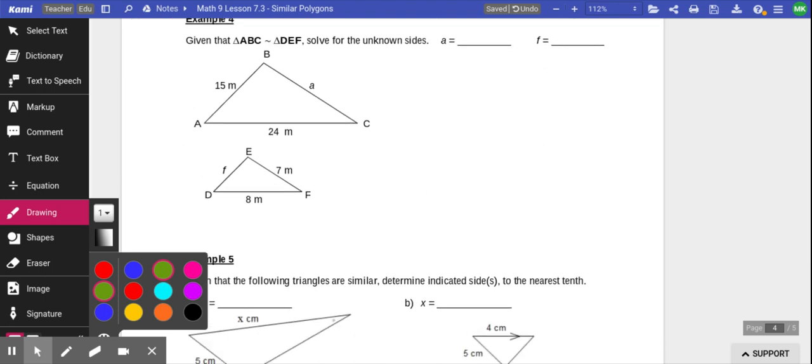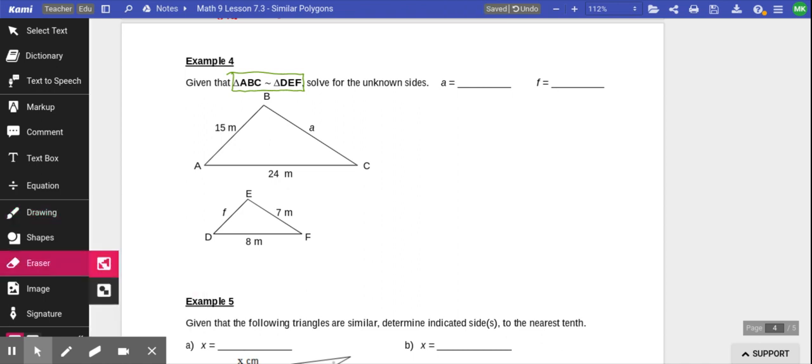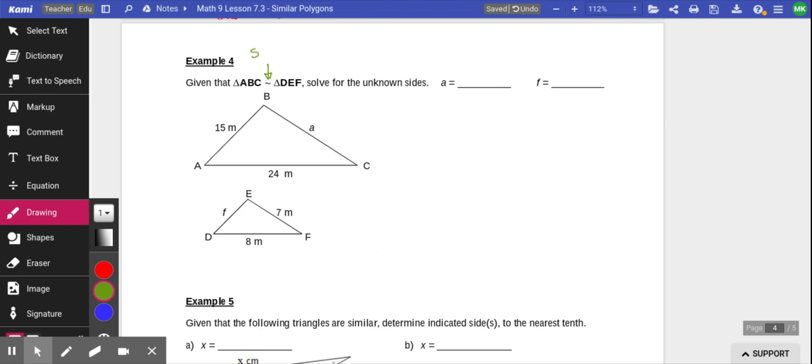Okay, let's look at this. This right here might be new text for you, something you haven't seen before. That means they're similar. That is similar. So that says triangle ABC is similar to triangle DEF.